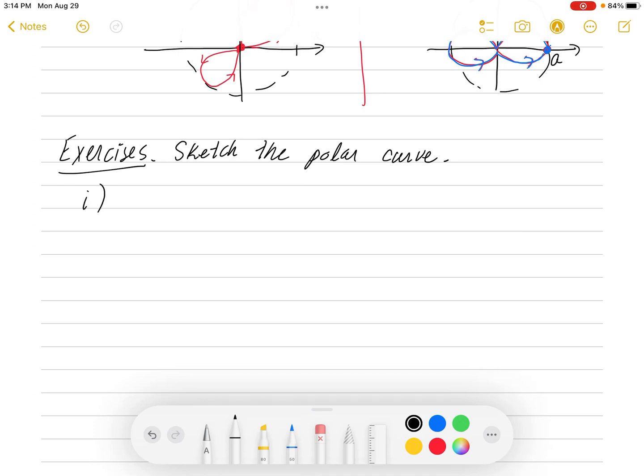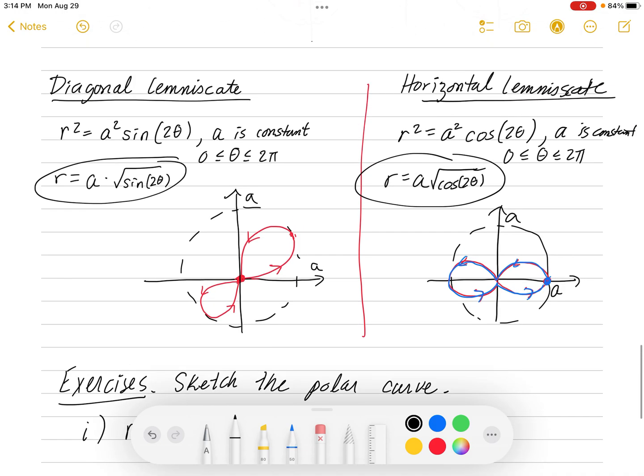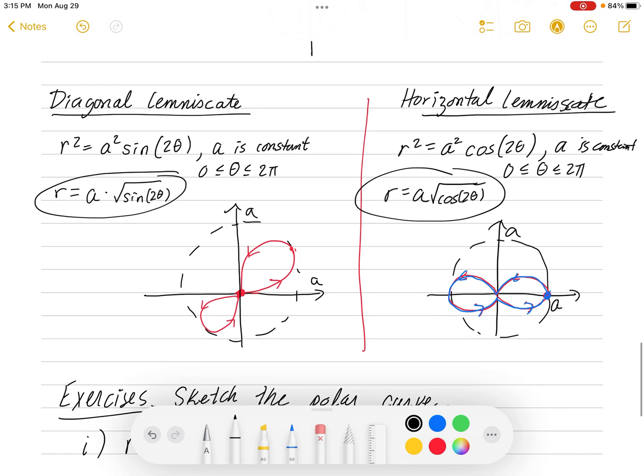So for number 1, I am going to give you r squared equals 4 cosine of 2 theta. So that would be this one right here, right?